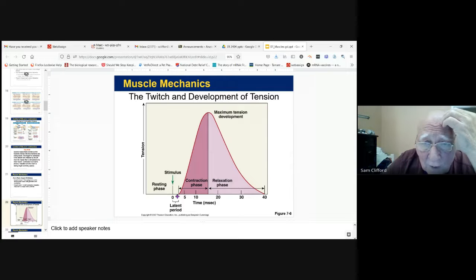And when that whole process of myosin binding to the actin active binding sites happens, the muscle contracts and you have a twitch. So that's the maximum tension or force that the muscle can generate. And the contraction phase is basically about 16 milliseconds.